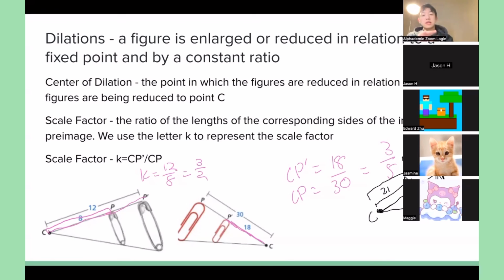I know it's not C and P, but just substitute A with P if you want. Yep, so the answer would be 21 over 50. That would be the scale factor.